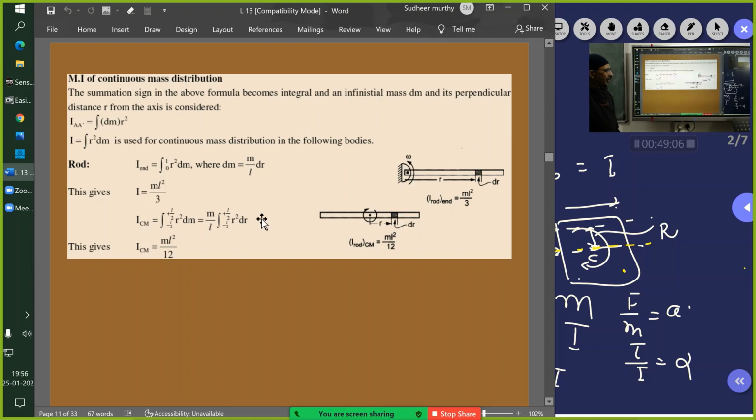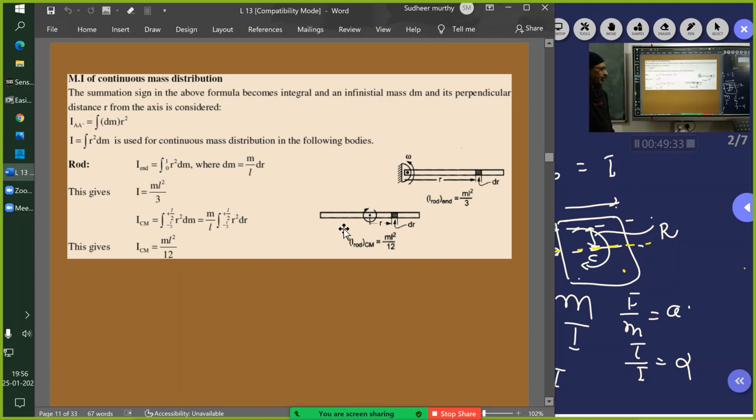Now I have taken a rod which is free, and I would like to rotate it about the center of mass. That is, the axis is passing through the center of mass. The center of mass is traveling like this, and the rod can tilt like this. Now the limits are different. I have taken this incremental mass at a distance r from here, so it becomes dm into r square.